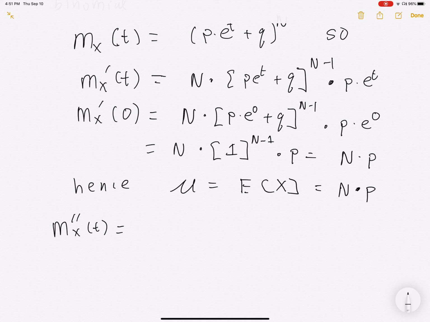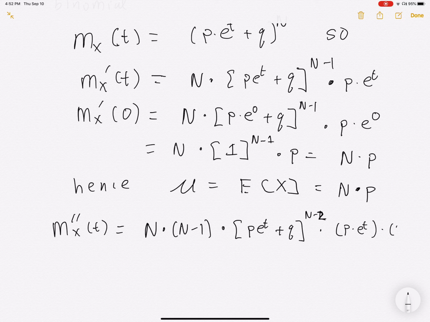Well, we're going to use the chain rule again here, as we did the first time. n times (n-1) times (p e^t + q)^(n-2), times the derivative of the inside, which is again p times e^t, times p times e^t. So notice we're using the chain rule, but because there's also this multiply sign, we have to use the product rule as well.